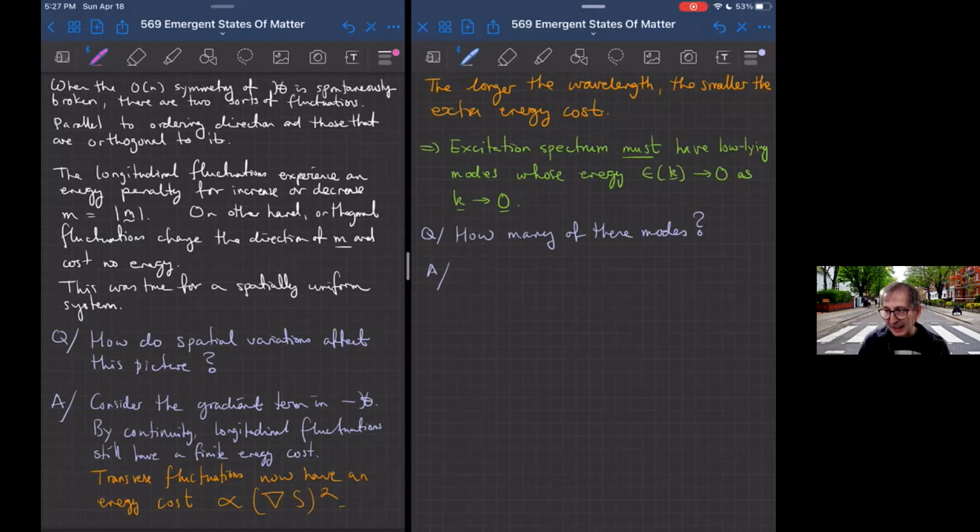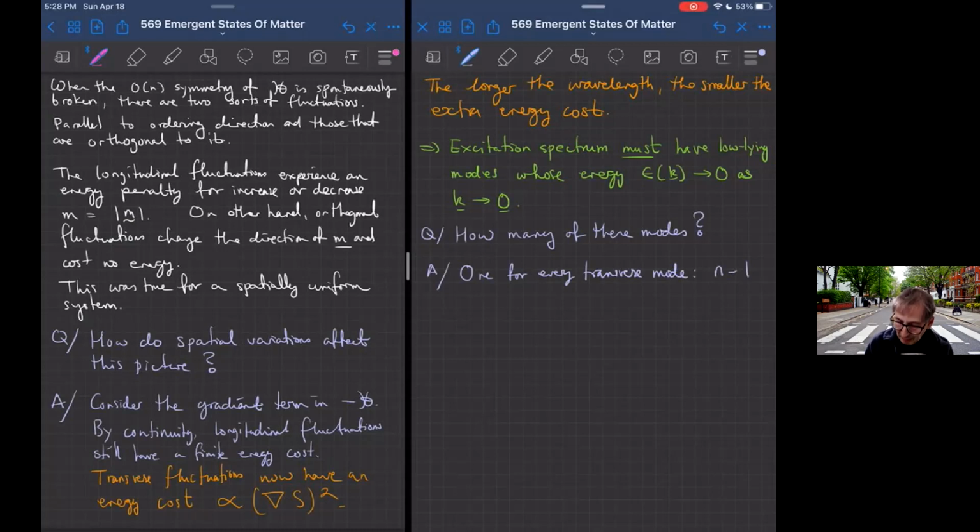They will have a finite energy plus some part that depends on k squared. But the transverse modes are the ones whose energy goes to 0 as k goes to 0. In other words, in the O(N) model, that's equal to n-1.